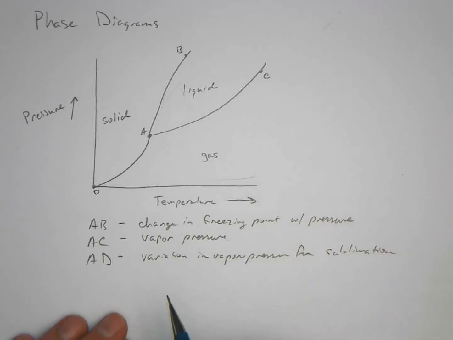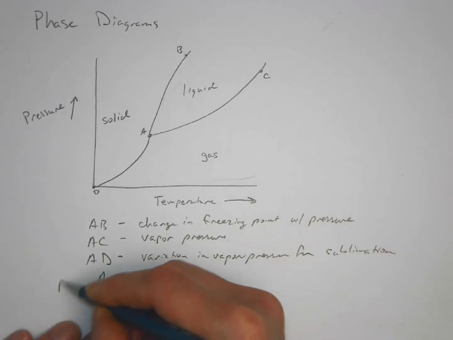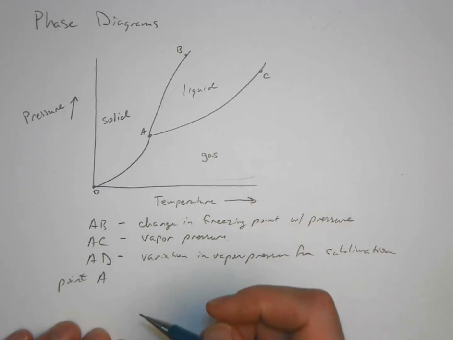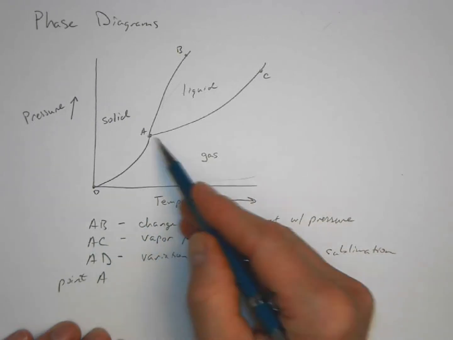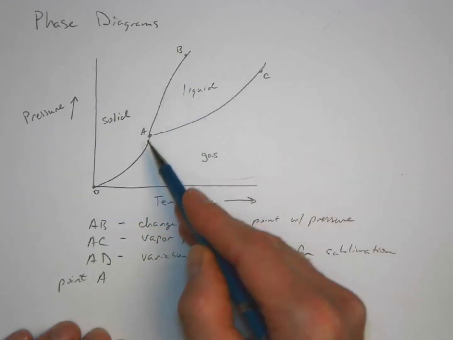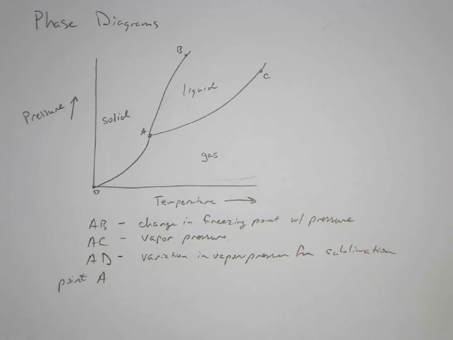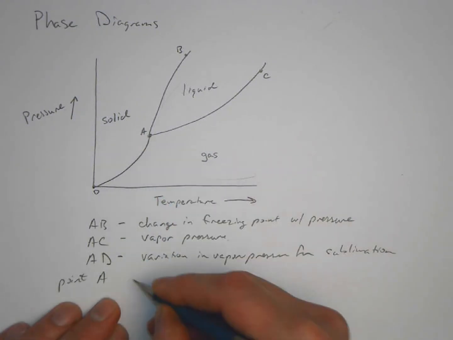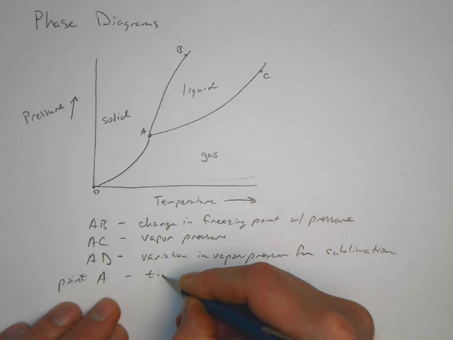There's one point. So AB, AD, AC, those are all functions. The shape of that is going to be a function. Point A is a special point. It's called the triple point.